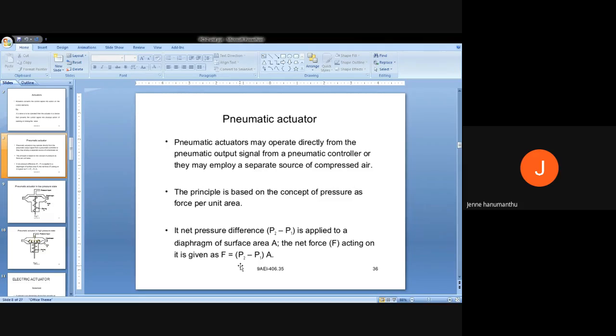There is a movement. So when the diaphragm experiences any force from the output of the pneumatic actuator, it may take some movement like this. Because of that movement, some mechanism exists for the next device, next section. So the valve for the complete pneumatic actuator will be opened or closed.